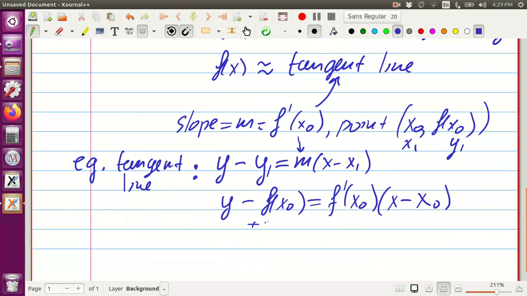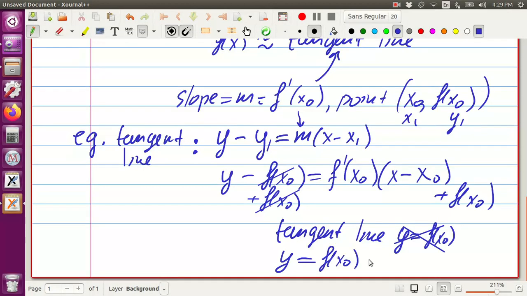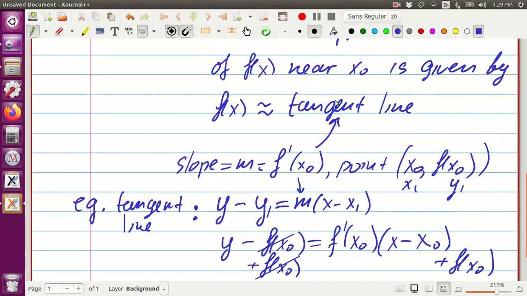The only thing left is to add f of x sub 0 to both sides. So if we add f of x sub 0 to both sides, our tangent line is y equals f of x sub 0 plus f prime at x sub 0 times x minus x sub 0. That's what we're going to put over here instead of the tangent line.